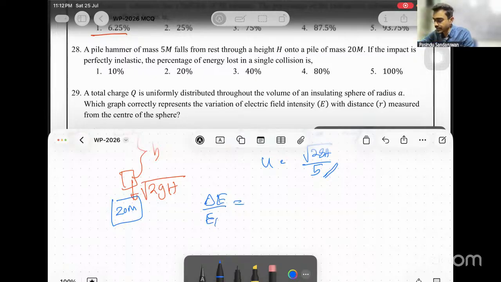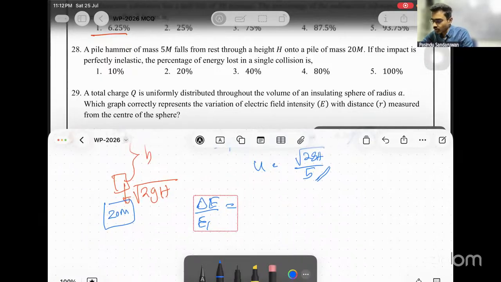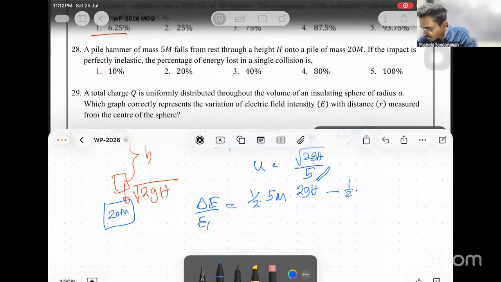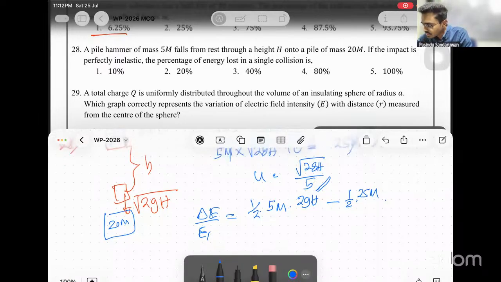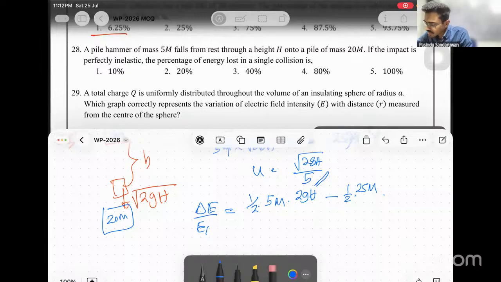In terms of kinetic energy, the initial kinetic energy is half m, where initially the mass is 5m and v squared is 2gh, minus the final energy, half times mass 25m, with its energy being 2gh over 25.